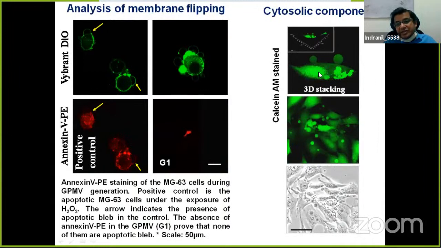Prior to generating the GPMB, we labelled the cells with calcein AM and then let the GPMB form. As calcein AM is a dye for the cytosol, we found that all the GPMBs contain this green fluorescent dye, which clearly suggests that when the GPMBs form, there is a transportation of cytosol from the cells to the GPMB. So the fluid content is basically the cytosol.